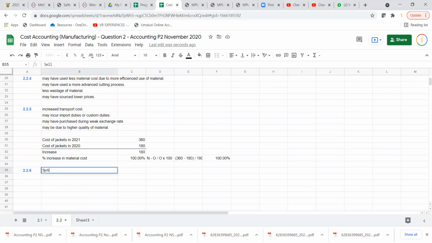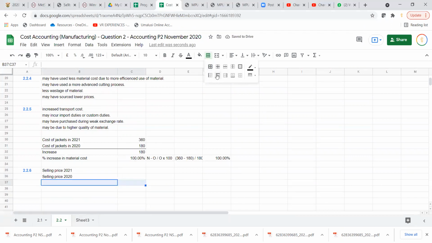Selling price 2021, selling price 2020, change in selling price.